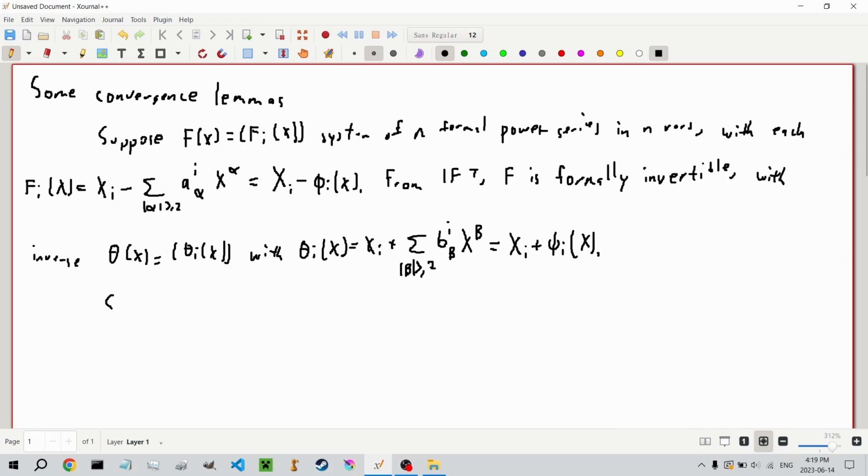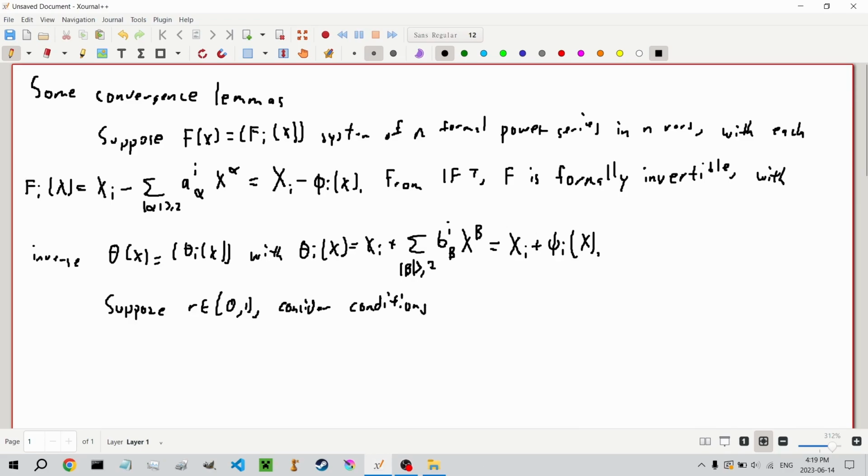Now, suppose we have a real number r between 0 and 1, and consider we have a couple conditions here.